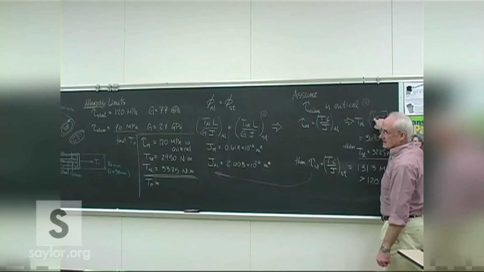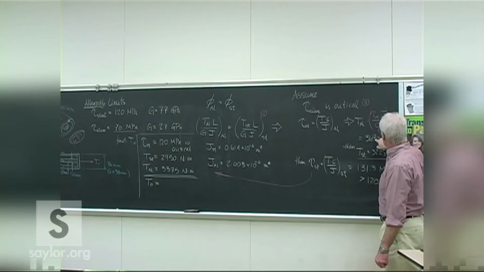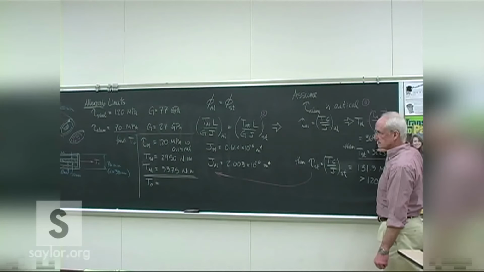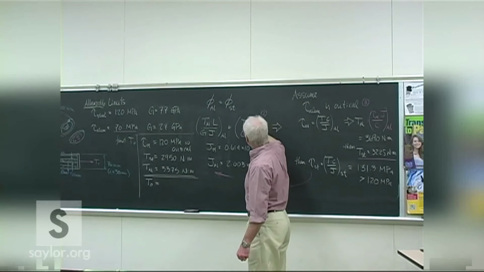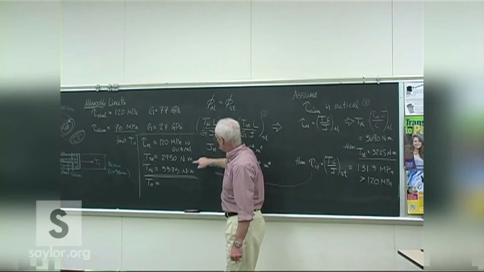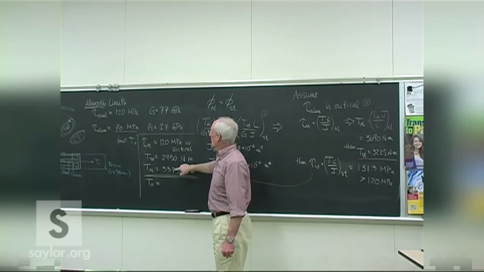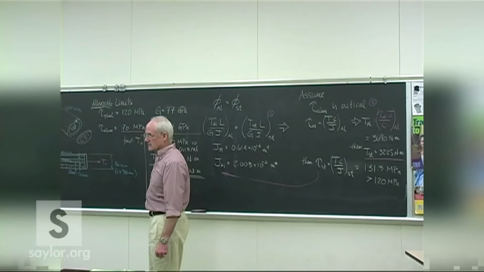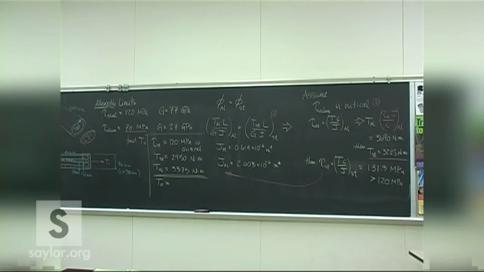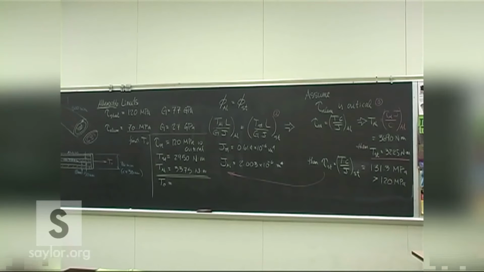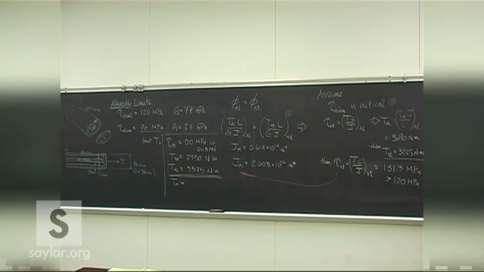So now we've got that as the limit on the steel, J for the steel, C for the steel. We'll give you the load on the steel. Then in equation 2 again, now we've got the load on the steel, we can find the load on the aluminum, and we already know that's going to be below the stress limit for the aluminum because we are quite a bit below those values, enough below that we know we're not at the limit of the aluminum.